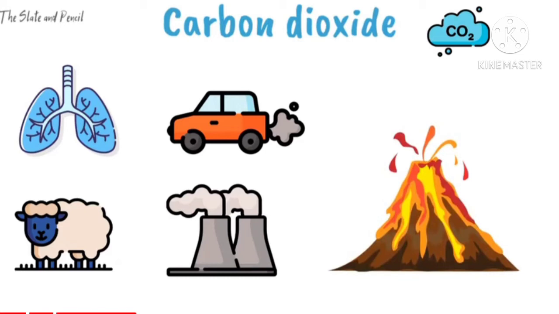However, the balance is upset by the burning of fuels such as coal and oil. They add billions of tons of carbon dioxide into the atmosphere each year. As a result, the increased volume of carbon dioxide is affecting the Earth's weather and climate.